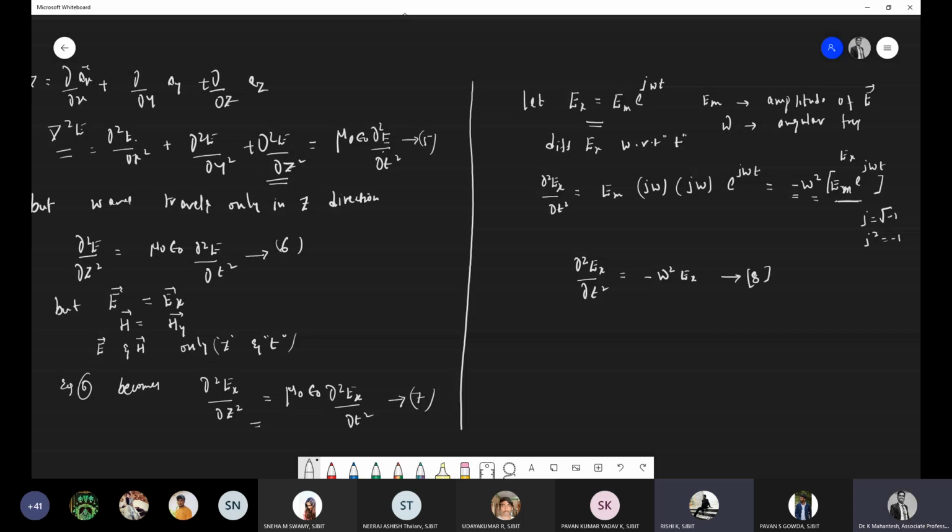And now substitute this equation 8 in equation 7. So what happens if I substitute equation 8 in equation 7?